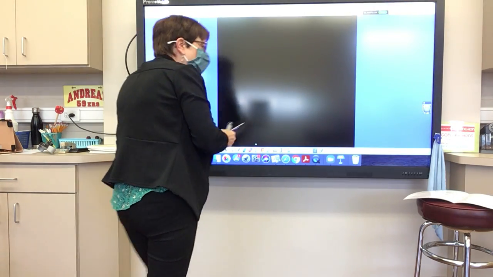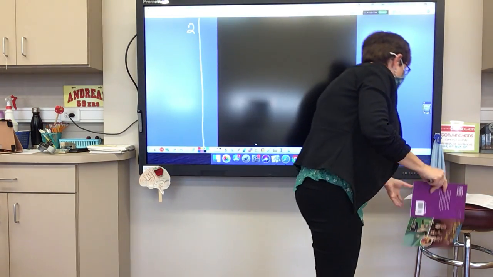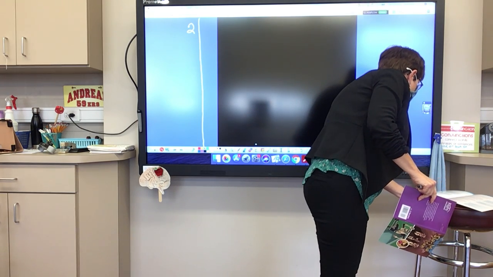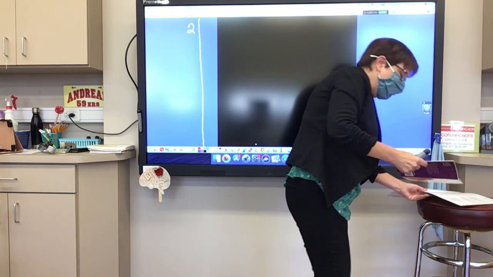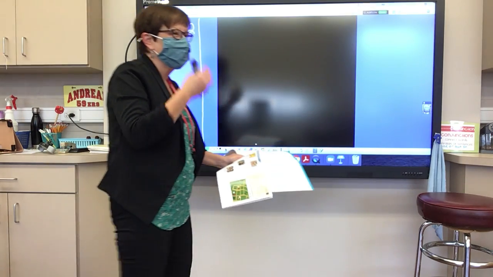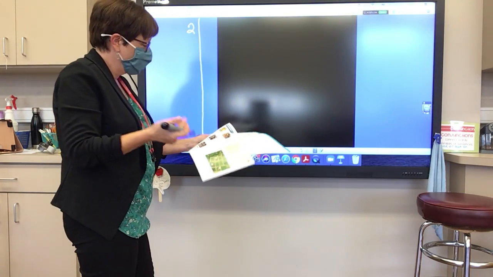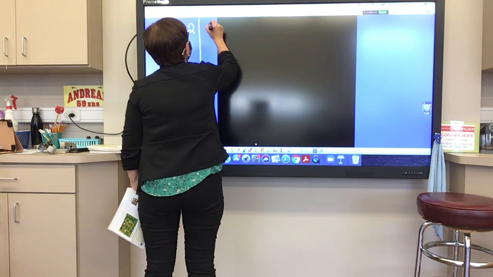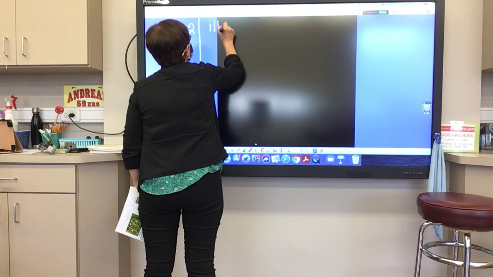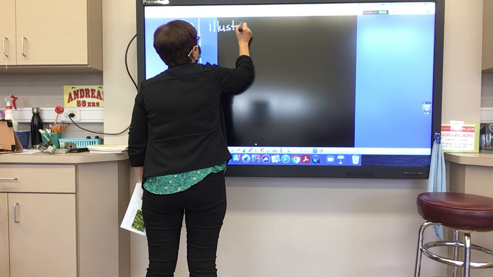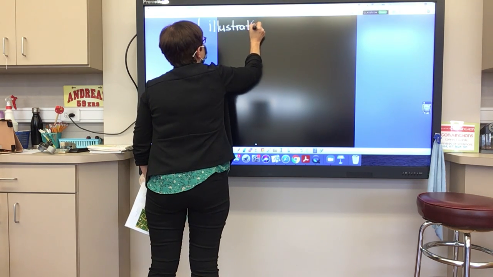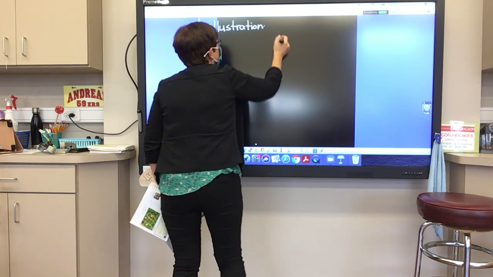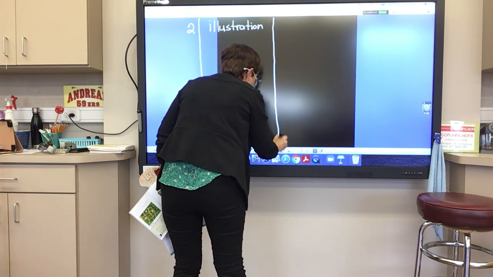We have kind of a character introduction, I guess, an illustration. I don't even know if it's really a chart. So we have an illustration, and it helps us meet the characters.